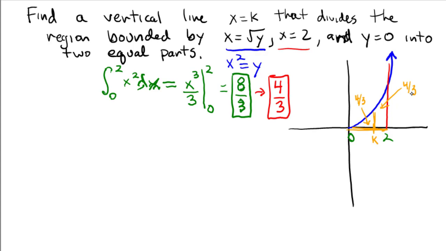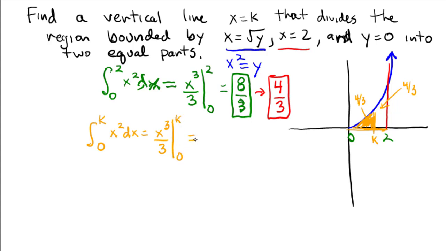So what kind of integral would we have to perform to figure out what makes this equal to 4/3? Well, of course, that would be an integral from 0 to k, because you don't know what k is. We're going to find out what that is. x squared dx. We already did the antiderivative of this, so fortunately that's x cubed over 3 evaluated from k to 0.